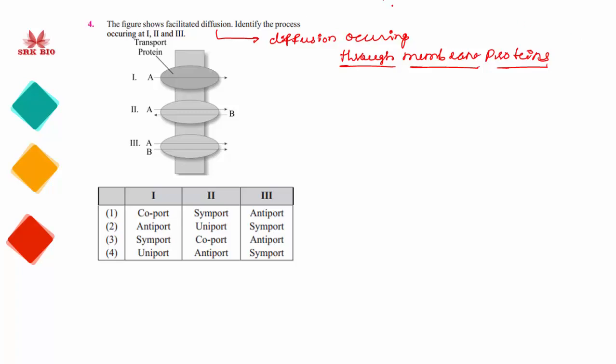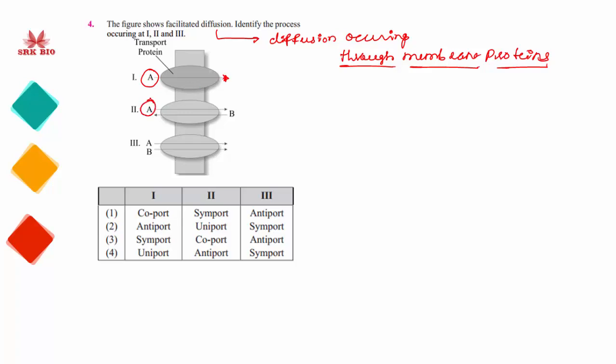So here you can see in the image also in the diagram, the transport protein is marked here. So this is one protein, this is another protein, and this is one more protein. So in the image, 3 proteins are mentioned. This is the movement of one molecule, and arrow mark is directed here.